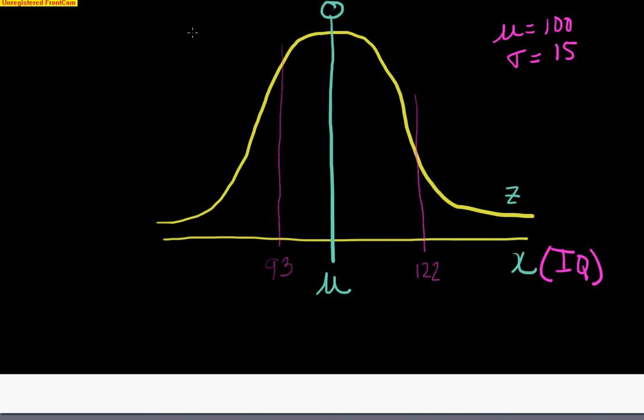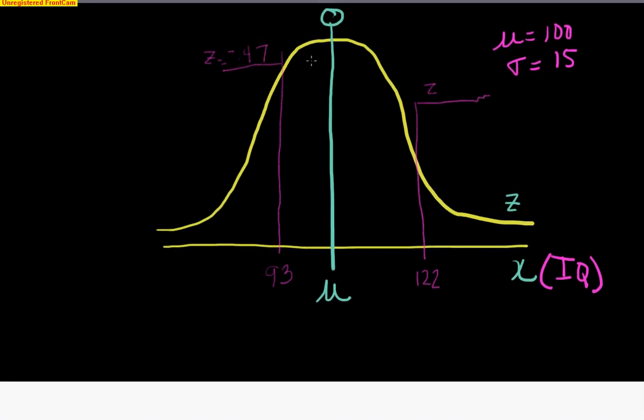I'm picking these numbers because we've already done a lot of the work for them. We know the z-score here was negative 0.47, and we know the z-score for this one was 1.47.